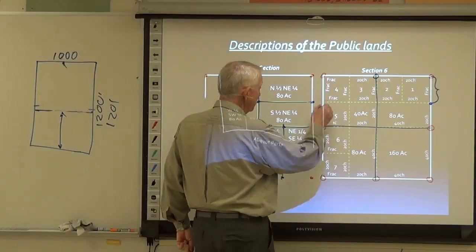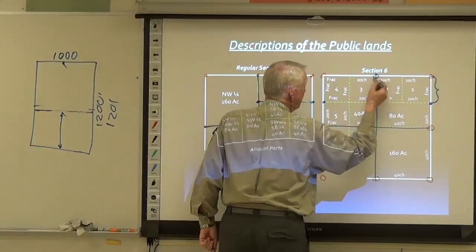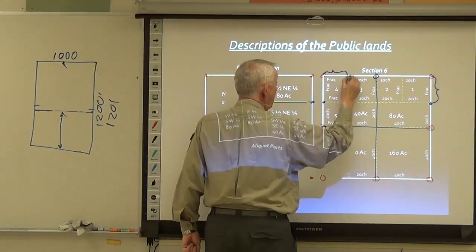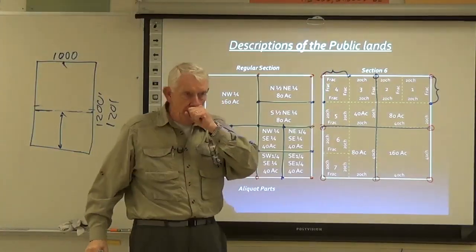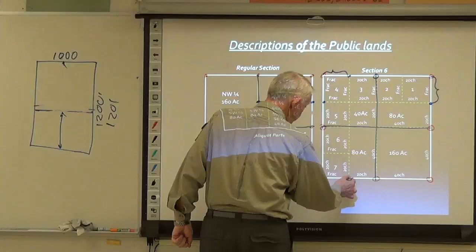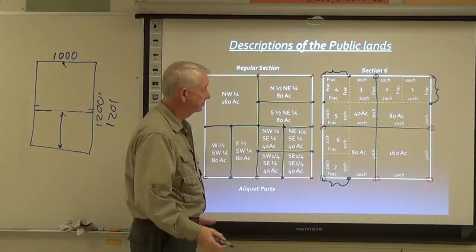And same thing here, we come up 20 chains and we put that there. Coming this way, we come over 20 chains, and this distance here is whatever it is. We come down here 20 chains, put that point in, and this distance here is whatever it is.